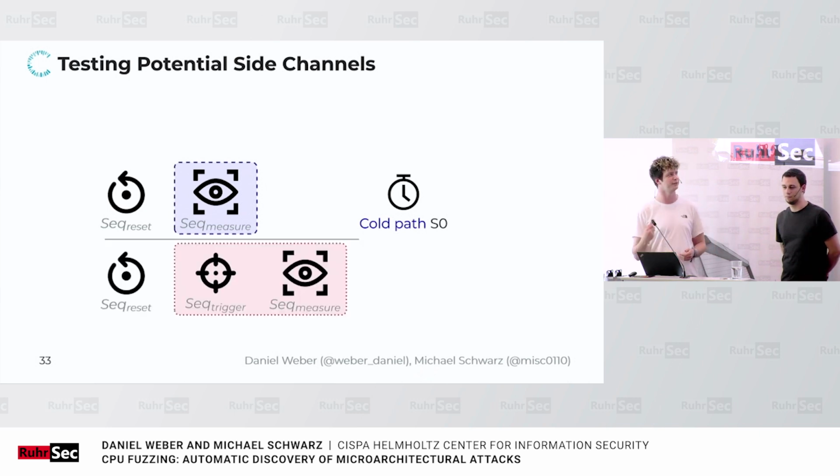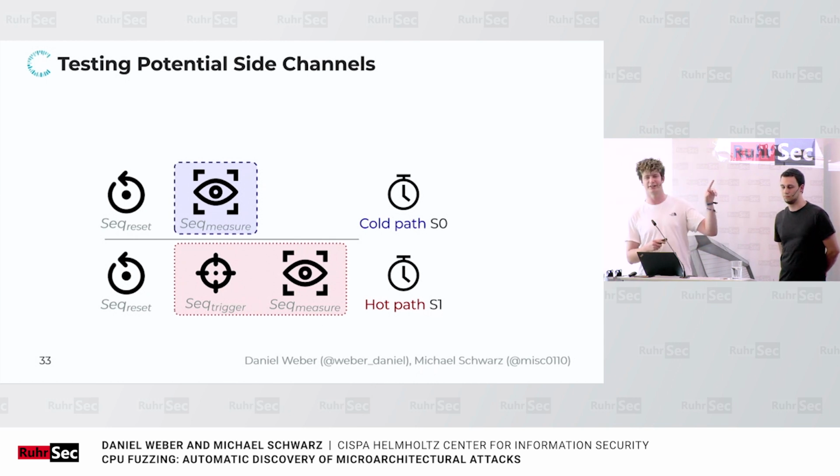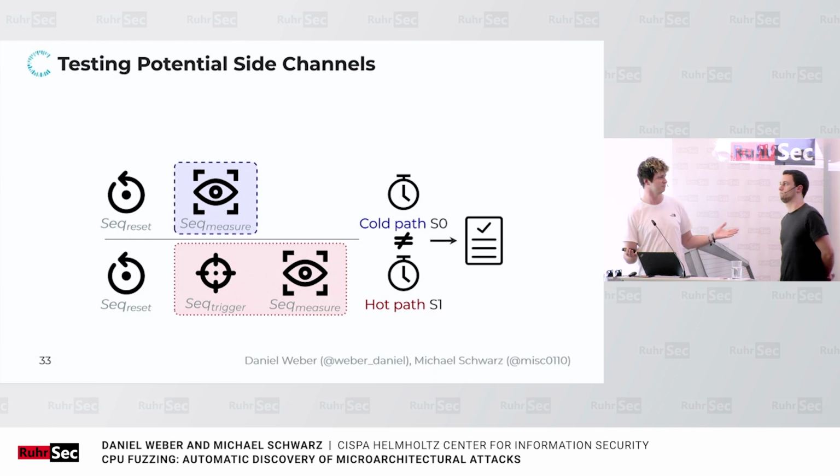Then we do the same thing again, but this time we trigger a state change to our 1 state. So according to our definition, we would end up in another state. Now I claim, if you can distinguish those 2 states, you actually found a side channel.